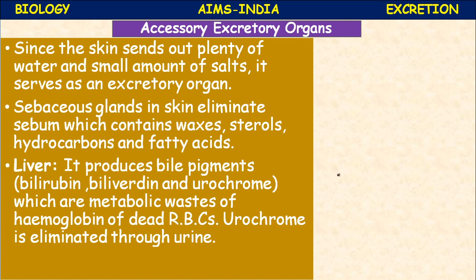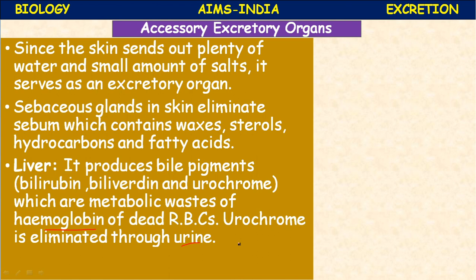So these are the three main pigments we can consider, which are metabolic wastes of hemoglobin, meaning all these pigments are formed from the hemoglobin of dead RBCs. Urochrome is eliminated through urine.